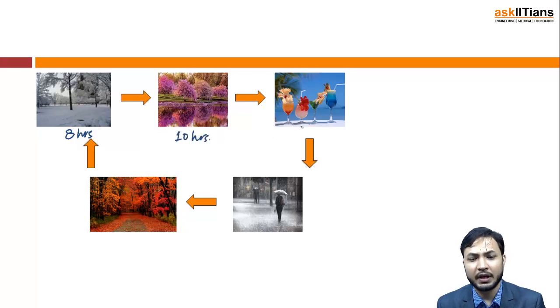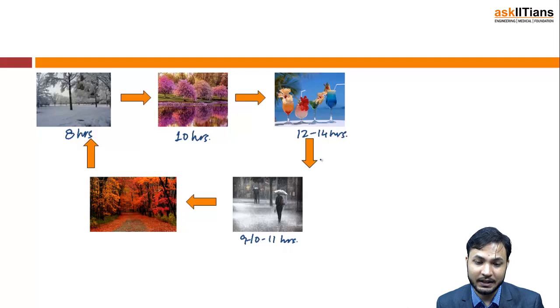In summers it increases to as much as 12 to 14 hours depending on where you stay. Then again in the rainy season it is somewhere around 9 to 10 to 11 hours. Nobody is sure, but it is less than this, that's for sure. Then again in the autumn it is for 10 hours.